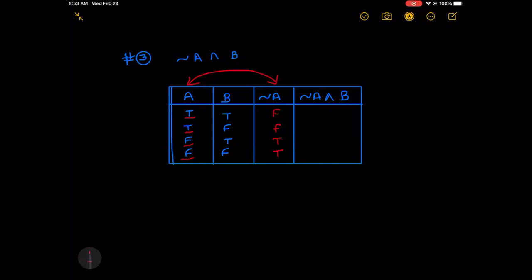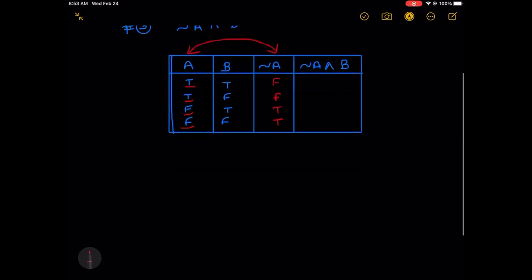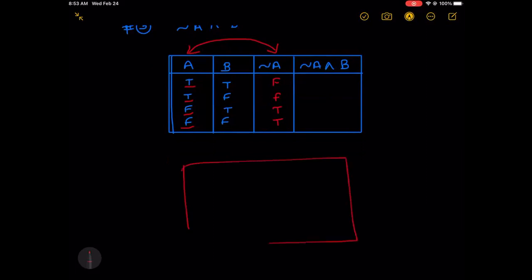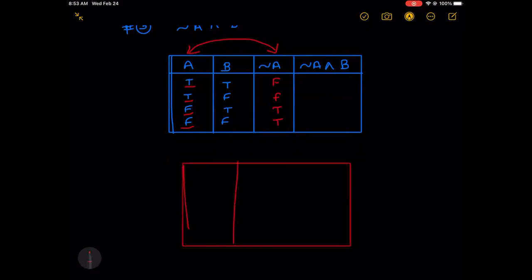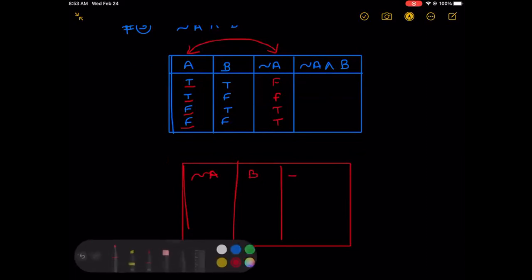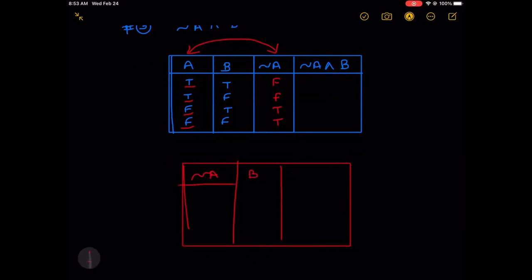Like, I would have just done negation of A, B, and then negation of A and B in 3 separate columns instead of using 4. Okay, so you're saying you want to do like this. Instead of 4, you want to start with negation of A, like this. Right, yep. Okay, so tell me what you would have written in the first column. So I would just go with true. Okay.